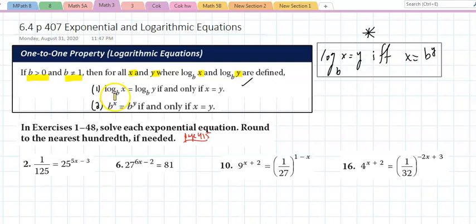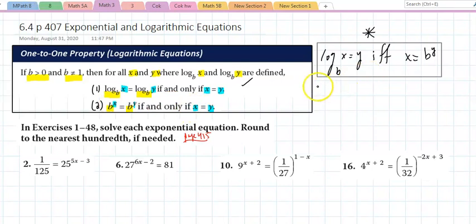If I get two logs with the same base equal, that automatically means those are equal. And if I deal with two exponentials with the same base equaling, the powers must be equal, and I could show you that really quick.